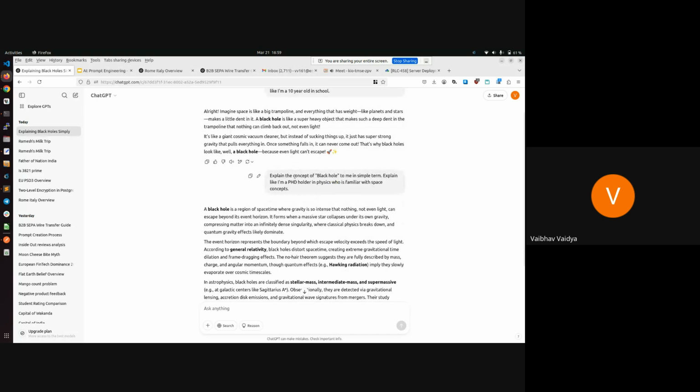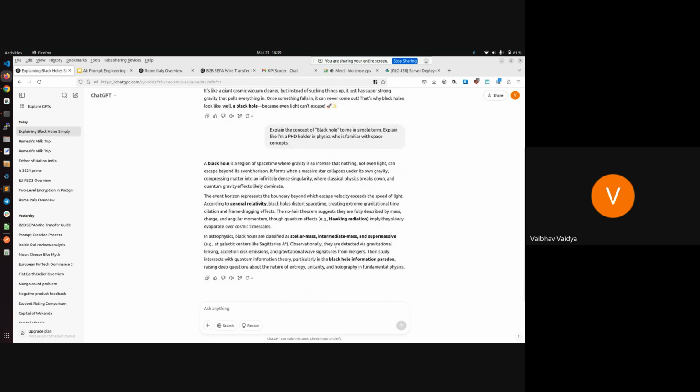Then I did the same thing, asking it to explain like I'm a PhD holder in physics who's familiar with space concepts, and it gave me a lot of detailed information. Hawking radiation is something I've tried to read multiple times, but of course it's quite complicated. But you can basically adjust AI answers according to you. You can convert the final answers into simple or complex format as you wish.